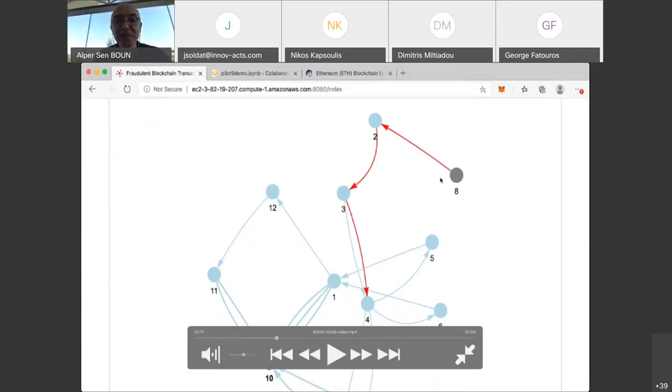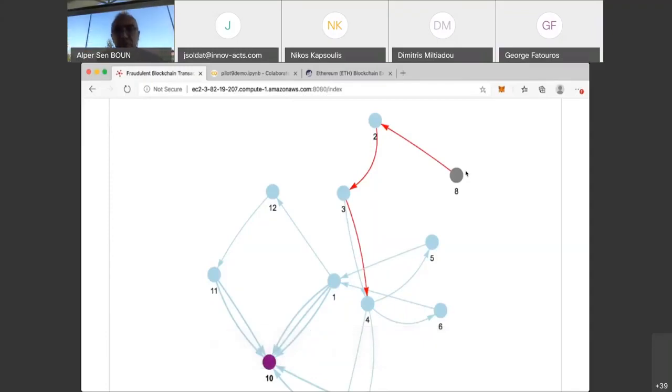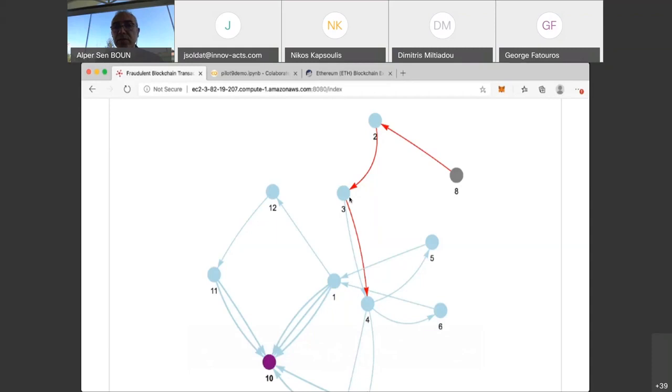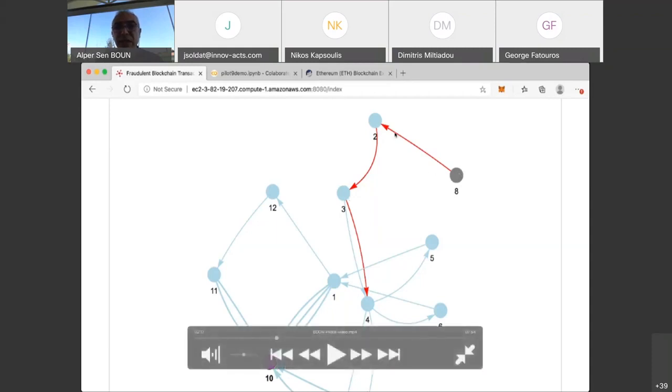This is our blacklist node, and these are the nodes on the path, and this purple one is the address of interest. This subgraph shows the customer node over here and the blacklist node, and we have some simple scoring on these edges in terms of the path distance from the blacklist.